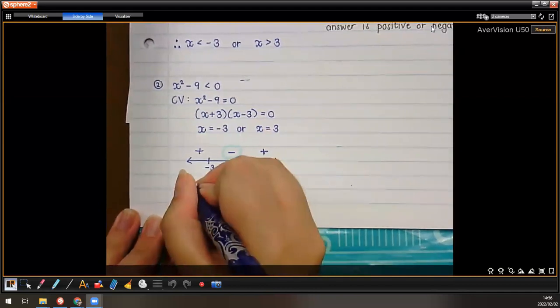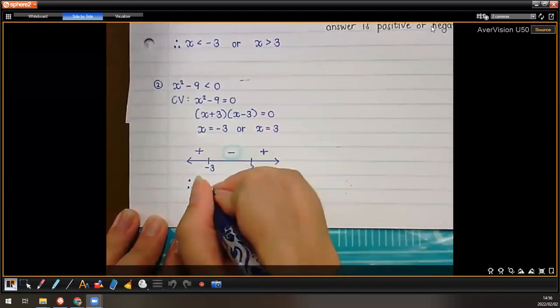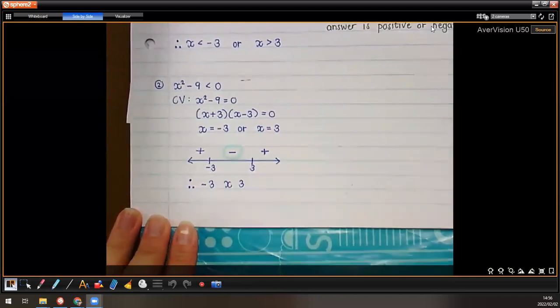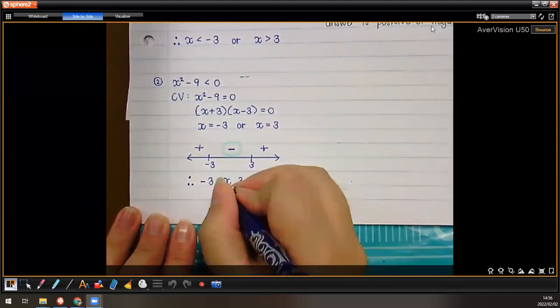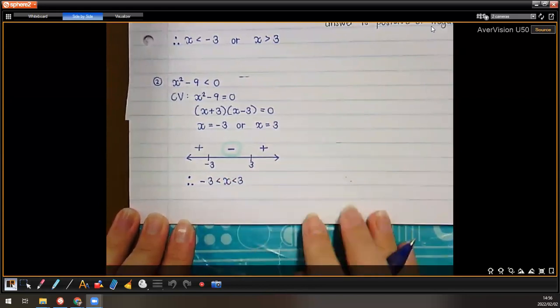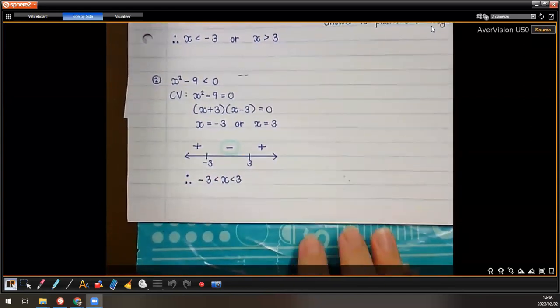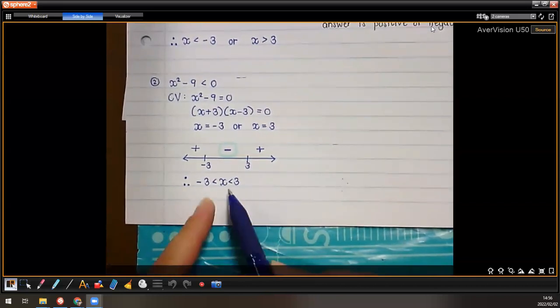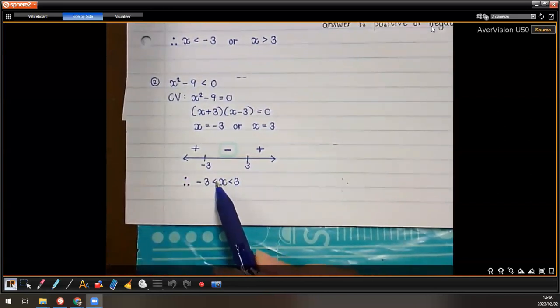So now for your answer, you're going to say, therefore, -3 is smaller than x, which is smaller than +3, right? So x has to be between them. And then you just need to make sure that your inequality sign is always pointing to the left. If you're reading from the inside out, x is bigger than -3, but at the same time, x is also smaller than +3.